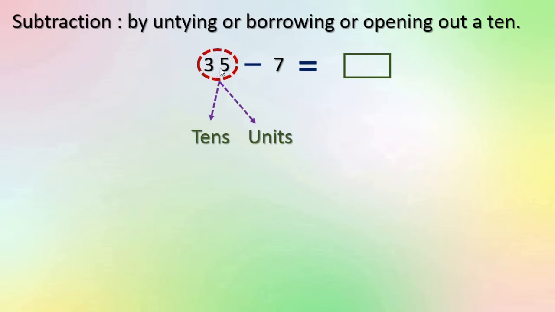So it became 15 units and 2 tens minus 7. So 15 minus 7 is equal to how much? 8, right? Here 2 as it is. So our answer is 35 minus 7 is equal to 28.